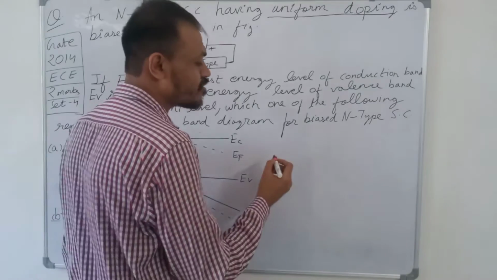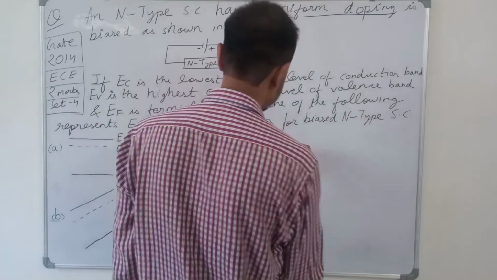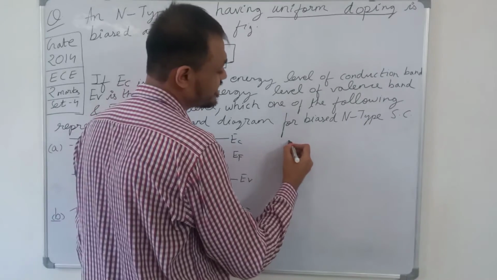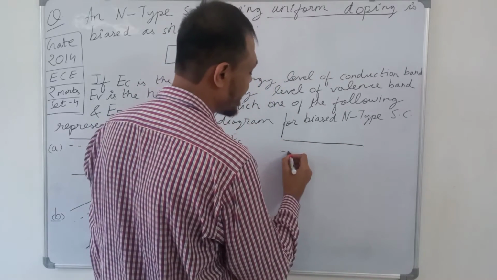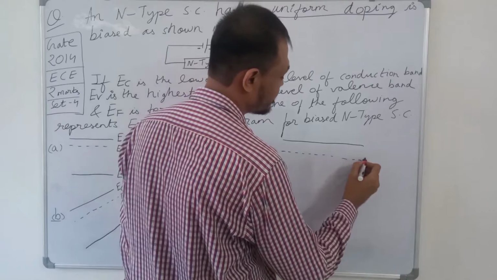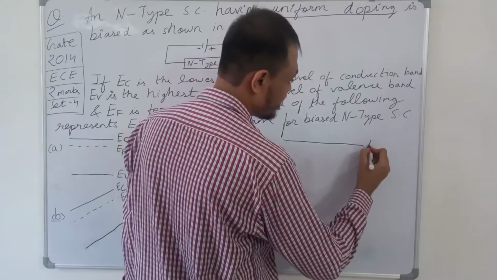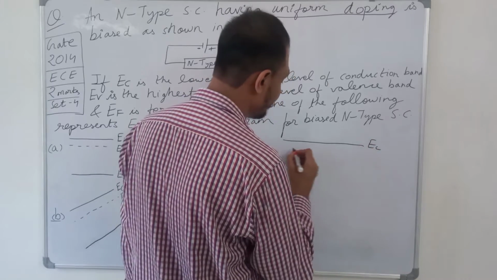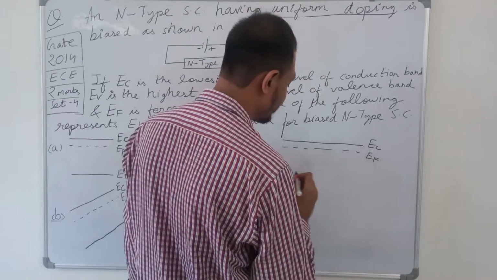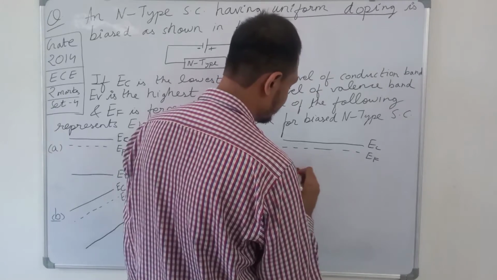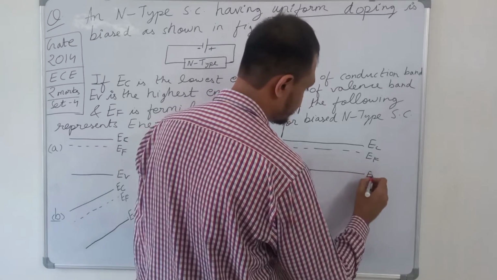Now if we have a normal n-type semiconductor in equilibrium condition, then its energy band diagram is like this. This is the conduction band, this is the Fermi level, which is very close to the conduction band, and this is the valence band.